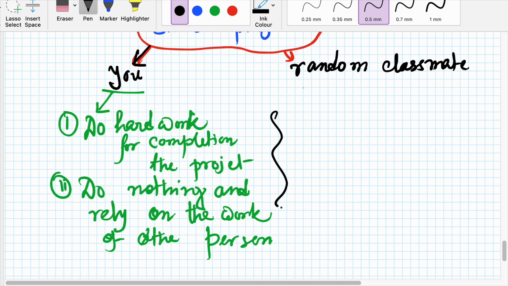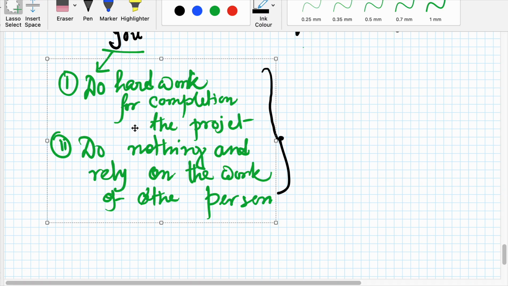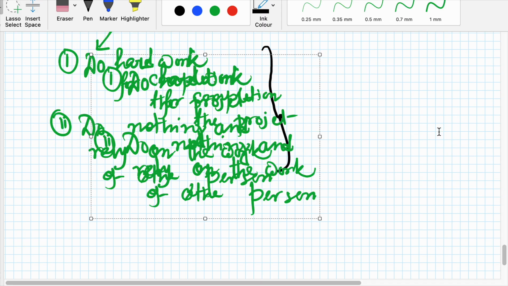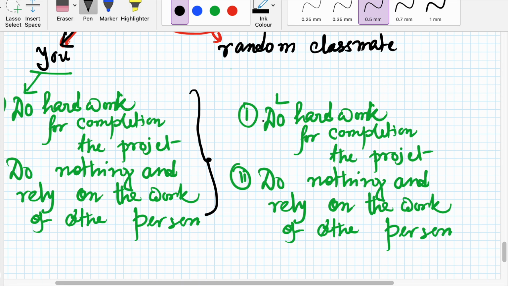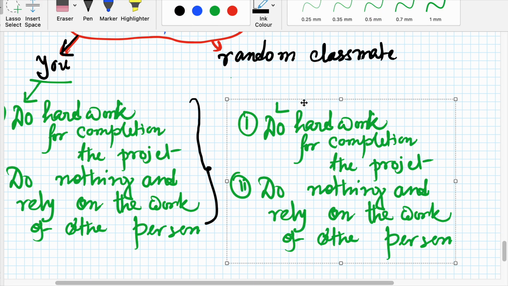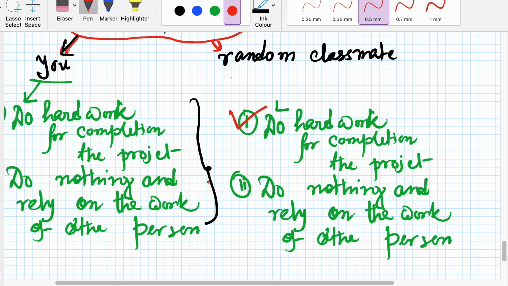Your opponent also has the same options, so your project partner also has two choices: do hard work or do nothing.